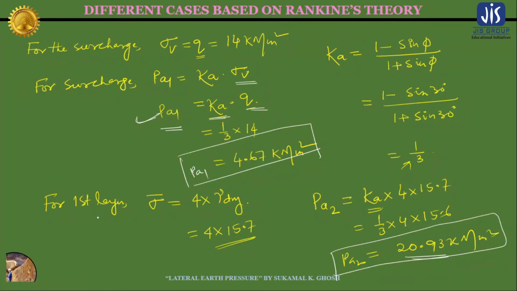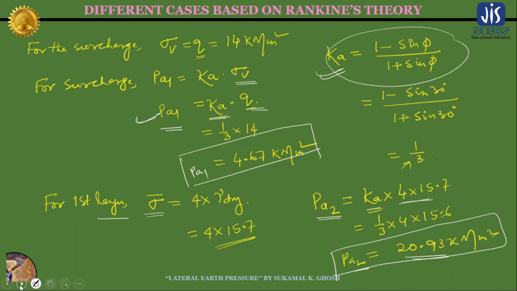Now for the first layer we calculated the active earth pressure, that is PA2, which equals Ka into the vertical stress, that is the effective stress. By putting these values you will have PA2 equals 20.93 kilonewton per meter square. Initially we calculated this Ka using this particular formula.